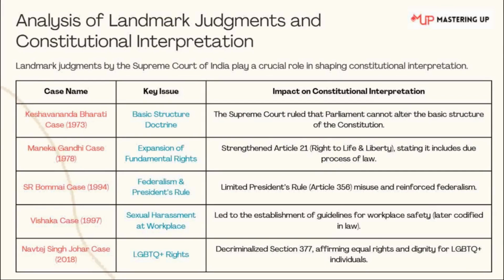Kesavananda Bharati case 1973, the Supreme Court ruled that Parliament cannot alter the basic structure of the Constitution, which addresses the basic structure doctrine. In Maneka Gandhi case 1978, it strengthened Article 21, right to life and liberty, stating it includes due process of law, which addresses the expansion of fundamental rights.